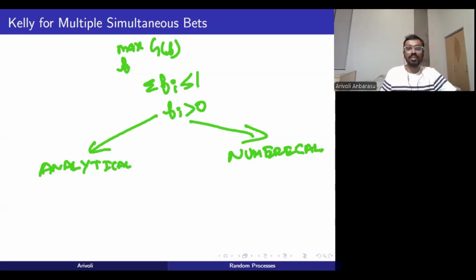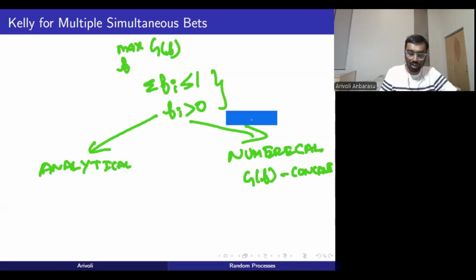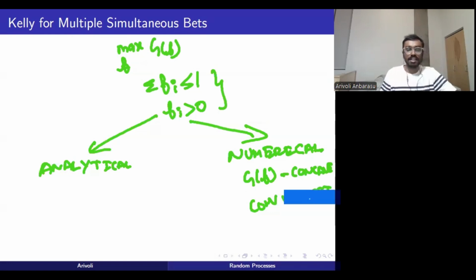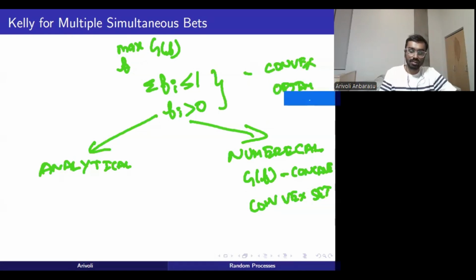One observation we have to note is that the g of f is concave and the constraints form a convex set. So the maximization problem is a convex optimization problem, and it has a global maxima.